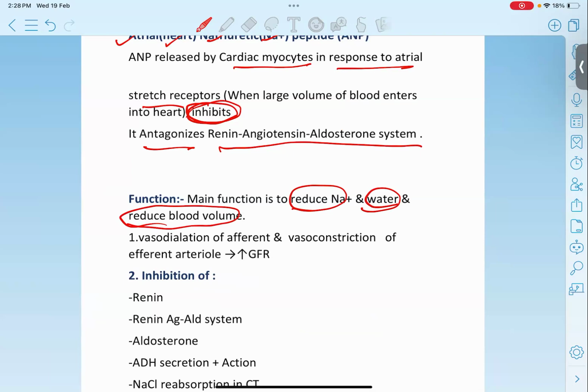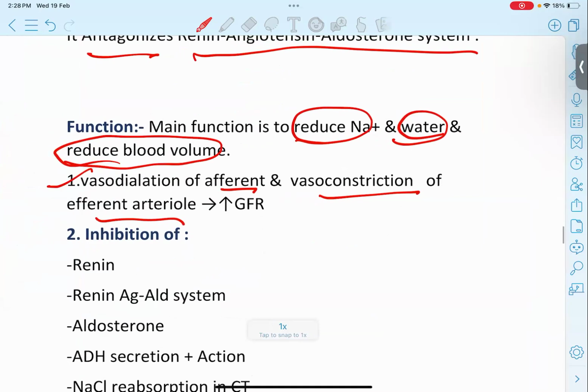Next is the vasodilatation of the afferent and vasoconstriction of the efferent arteriole. If there is vasodilatation in the afferent and vasoconstriction in the efferent, what would happen?